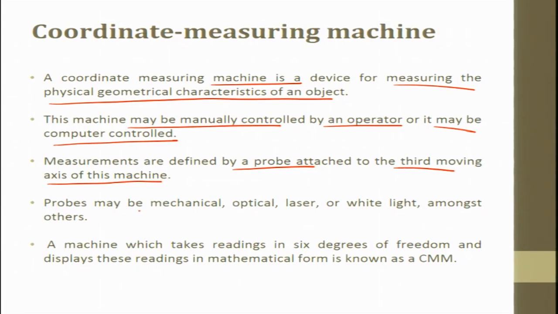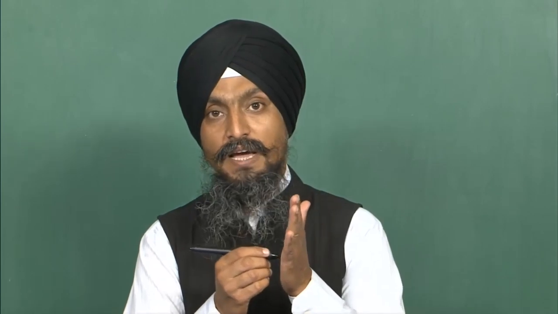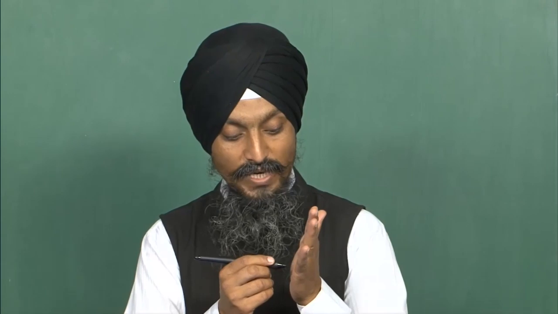Probes may be mechanical, optical, laser, white light and many such. The probe we have in our machine is the mechanical probe. It will physically touch the component that we are trying to measure, and it will produce a beep sound and an indicator will blink.